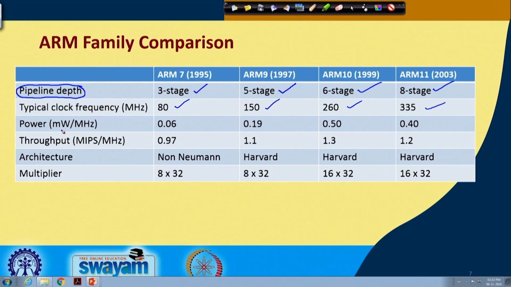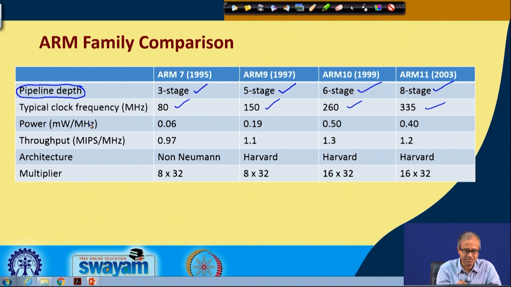Power consumption in microcontrollers is typically measured in milliwatt per megahertz. So, higher the megahertz clock, you just multiply it by that, you will get the total milliwatt of power consumption. For ARM 7 it was 0.06, 0.19, 0.50 and 0.40.